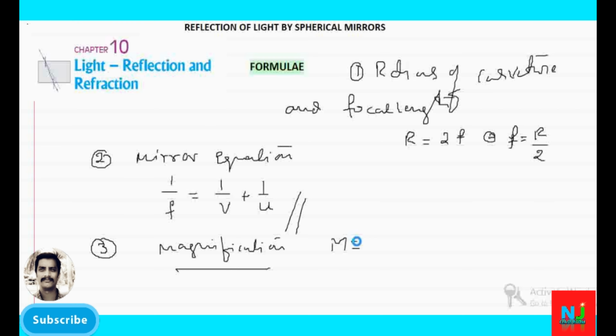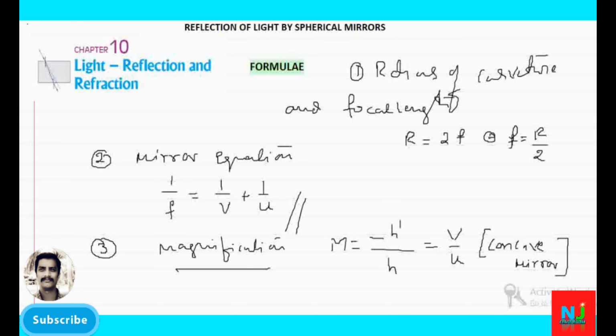m is the symbol of the magnification. It is always equal to, in the case of a concave mirror, minus h dash by h, where h dash is the size of the image. It is also equal to minus v by u in the case of the concave mirror.